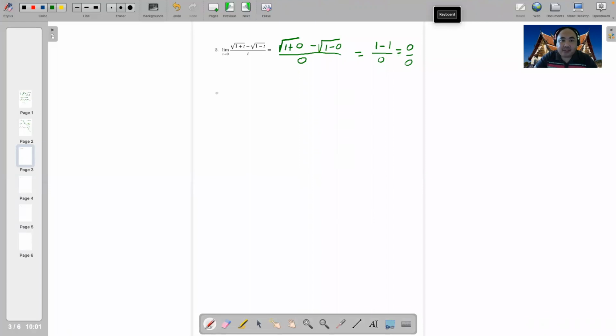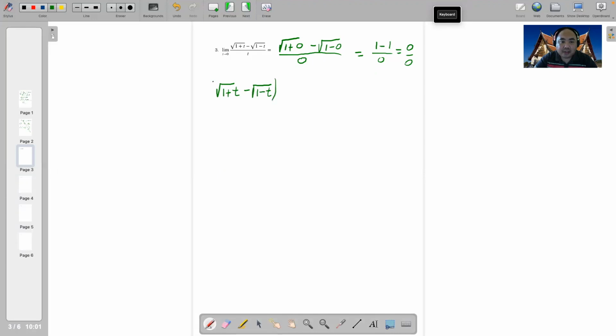This time, maybe we could try multiplying again the binomial conjugate of the numerator. So our mission is to first find an equivalent expression to this odd-looking function that when we substitute 0, we will not get an indeterminate form. All right, so let's give this a try. Square root of 1 plus t minus square root of 1 minus t.